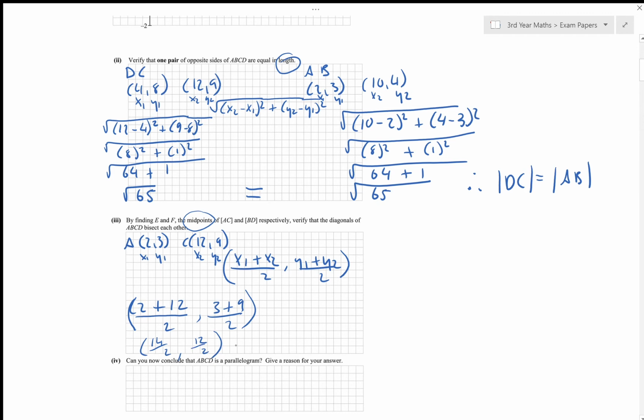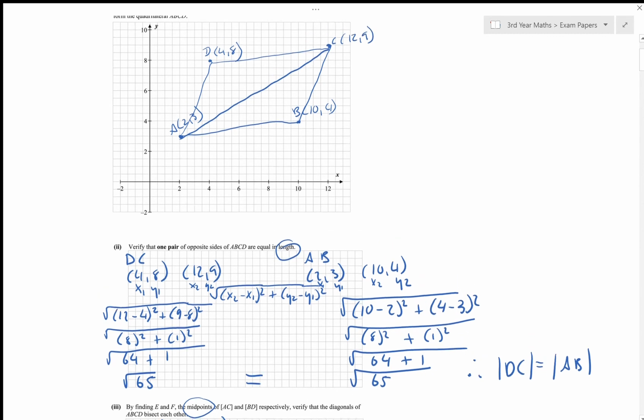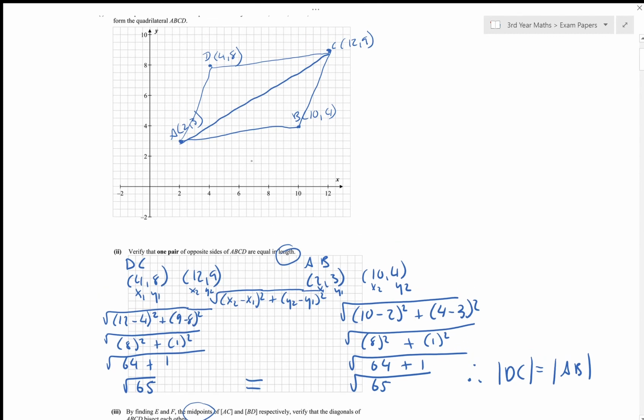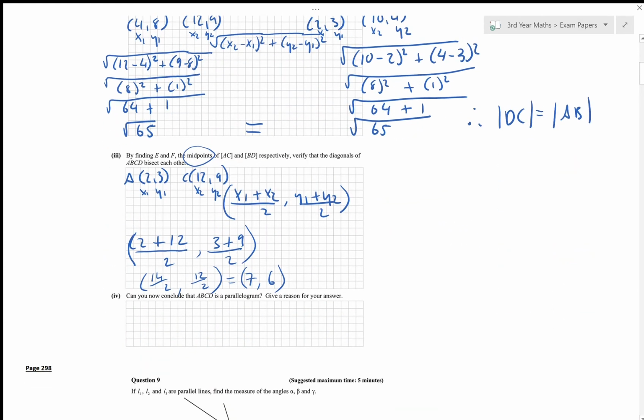So 14 over 2 is 7, 12 over 2 gives me 6. So the midpoint of the line AC is 7 and 6. And if you go up to your diagram, you will see that that answer makes sense. Now, it's not drawn exactly accurately, but it's more or less accurate. You need a ruler to make it exactly accurate.